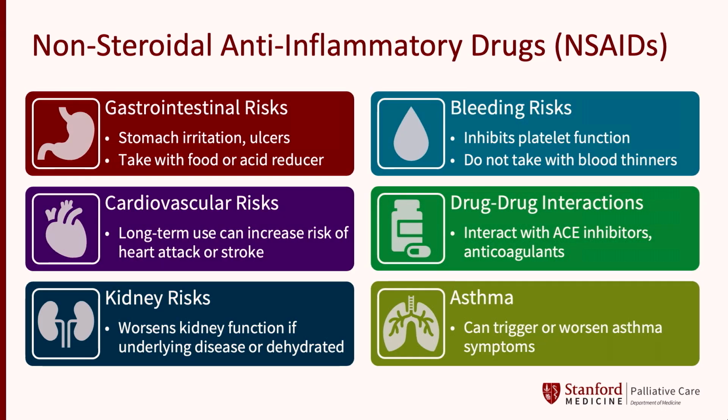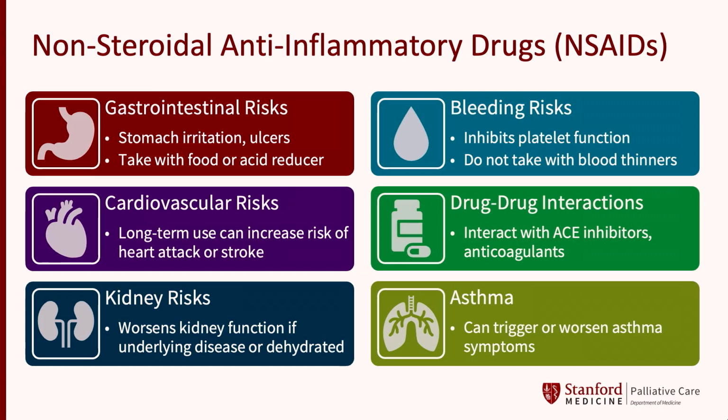Or some people will take NSAIDs if they need it on a regular basis with an acid reducer, something like Pepcid, for example. There can be cardiovascular risk for long-term use of NSAIDs, like an increased risk of heart attack or stroke. And there can be risks to the kidneys. So for people who have underlying kidney problems, we might be very careful with our use of NSAIDs. And it can also be problematic if you let yourself get really dehydrated.